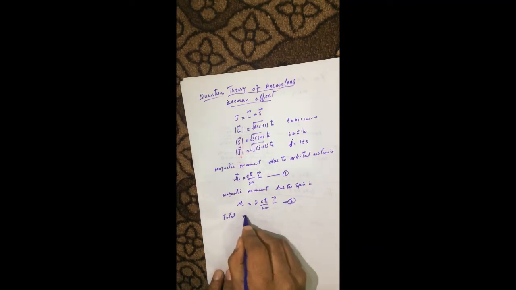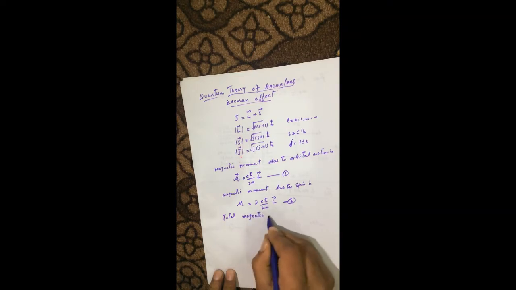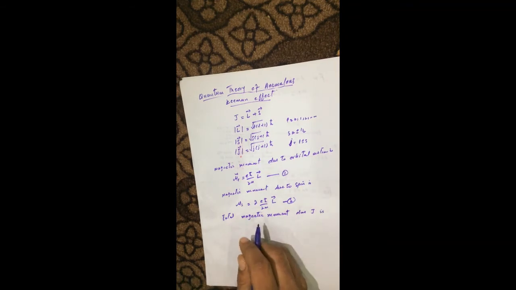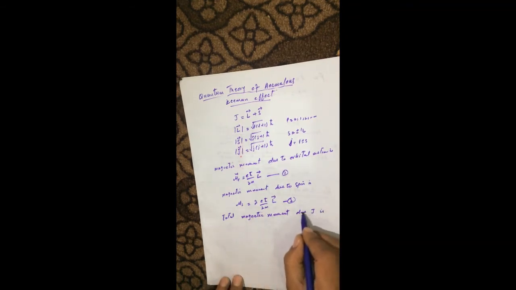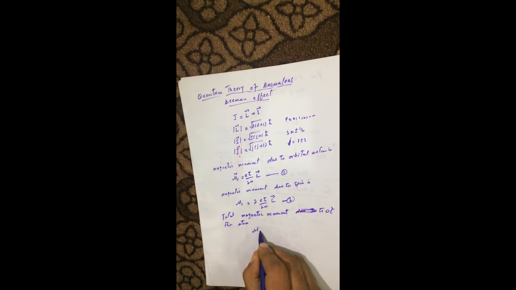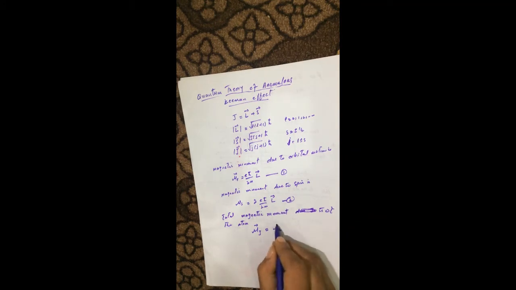The total magnetic moment of the atom due to total angular momentum J, which I represent by μJ, will be equal to the vector sum of the magnetic moment due to orbital motion plus the magnetic moment due to spin motion.